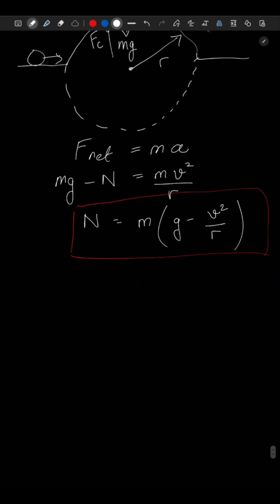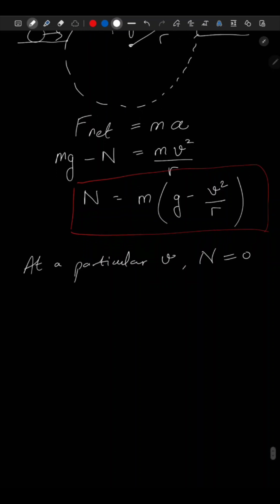Suppose at a particular velocity v, the normal force decreases until it is 0. So the normal force is equal to 0, and since there's no normal force, we can replace it in the equation by 0.